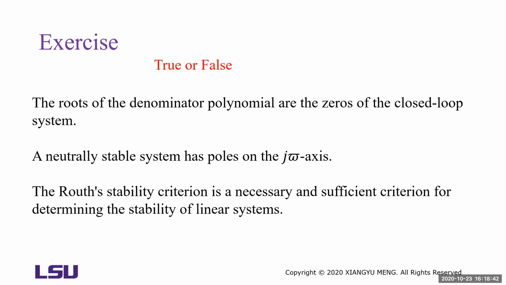If it also has roots elsewhere, then it may not be neutral. Maybe it has unstable poles; even though it has poles on the imaginary axis, if it also has unstable poles, then the system is unstable. That's right.